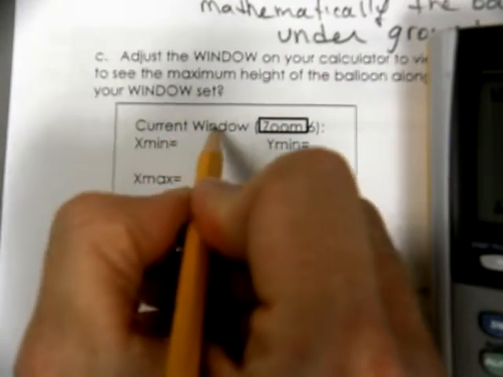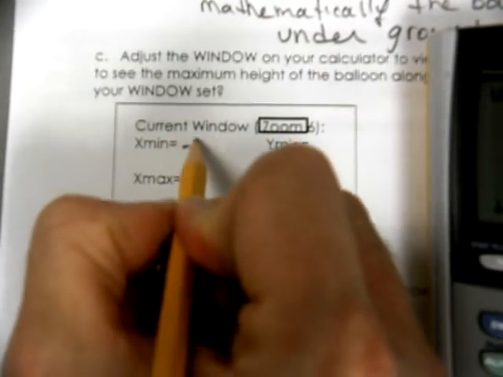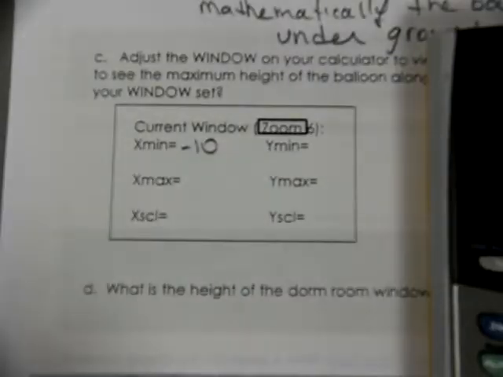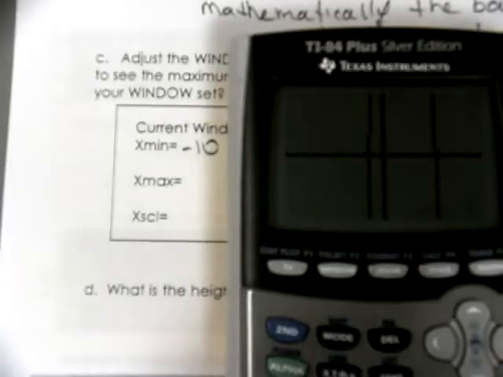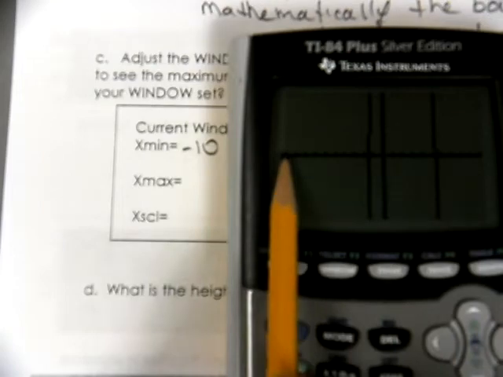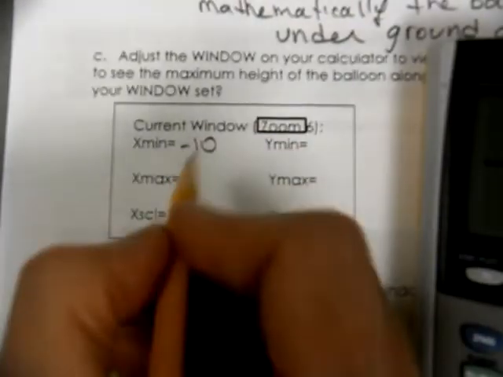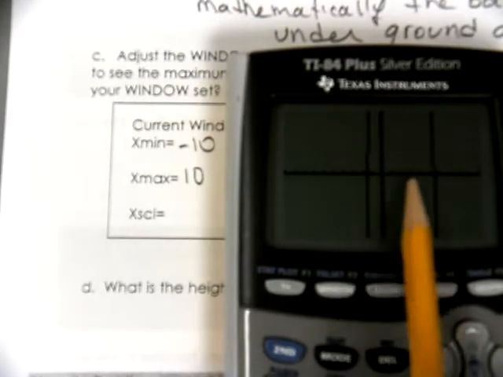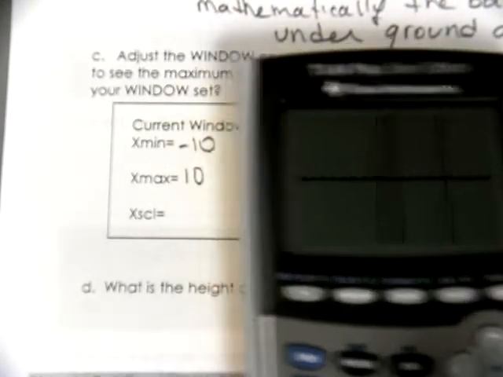So at the current window, our minimum is negative 10 for the x values. The maximum x is we're looking at x values up to 10.